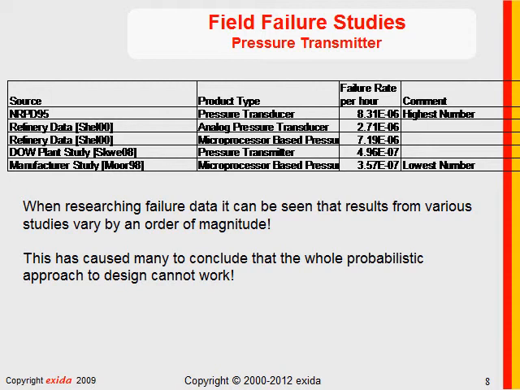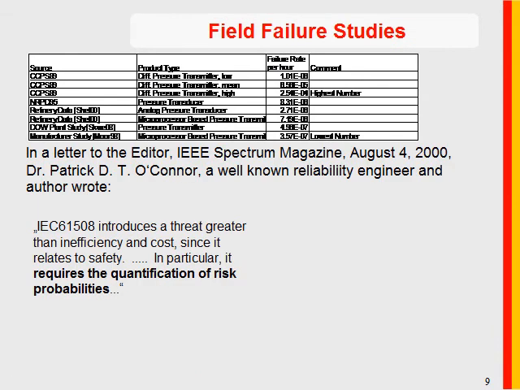I found a lot of different data that varied substantially from the lowest number here to the highest number, which is about 20 times higher. And I can see that these numbers vary by an order of magnitude, and that everybody else could see this too, and people began to think that the whole probabilistic concept could never work.